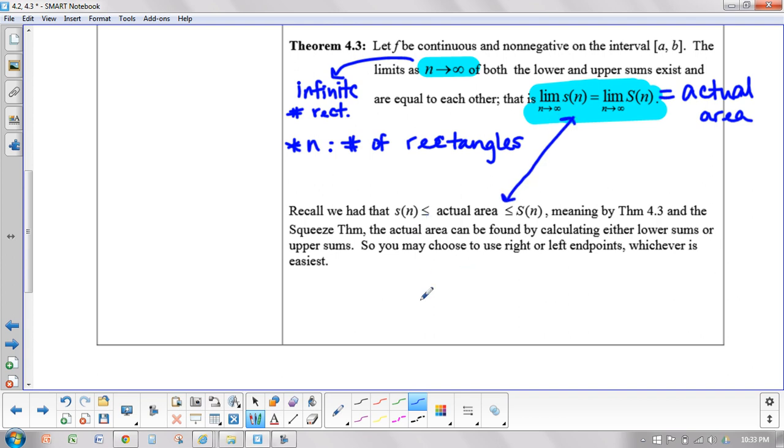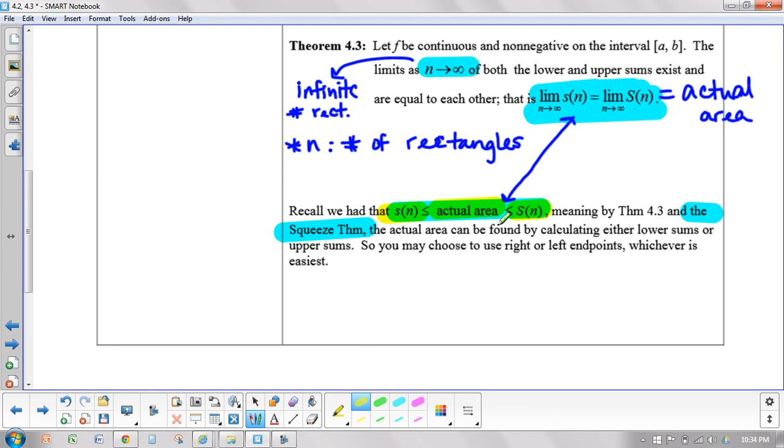So you had from up above that the lower sum was smaller, then you had the actual area, then you had the upper sum. Well, now this is saying if you take limits of each of those and you find that they're equal, if you remember the squeeze theorem back in chapter 1, you might have to go back and review your notes, but if you have this inequality statement that is true and it turns out that the limit on the left side is equal to the limit on the right side, then that means it's equal to the limit in the middle.